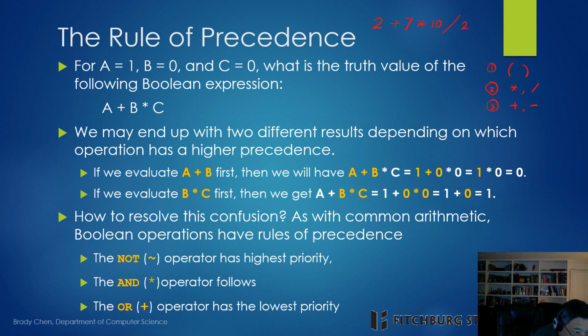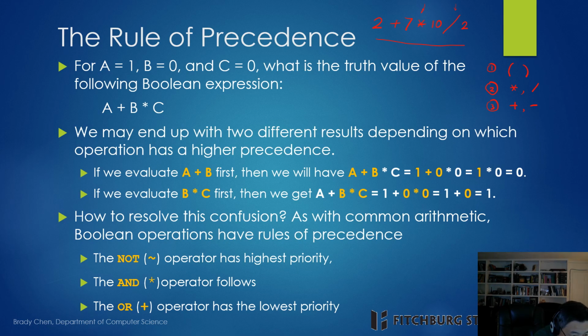So in this example, when we try to evaluate the value of this expression, we know there are no parentheses, so we just take a look at the next level. We have multiplication and division, and then we have a plus, which is addition. The multiplication and division have higher precedence.